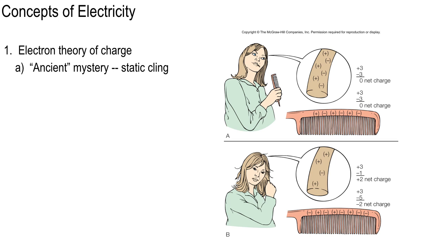Amber is fossilized pitch from certain kinds of pine trees. And if you rub it on your shirt or on a cloth, it'll pick up little tiny pieces of paper, or papyrus if you're in Egypt, or it'll pick up little threads from your toga.